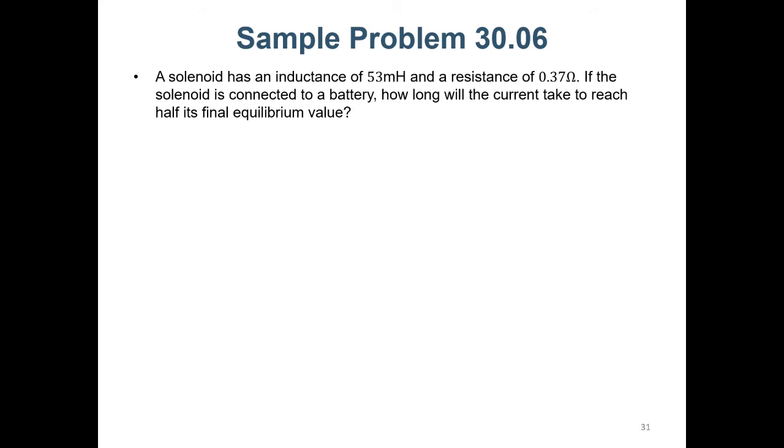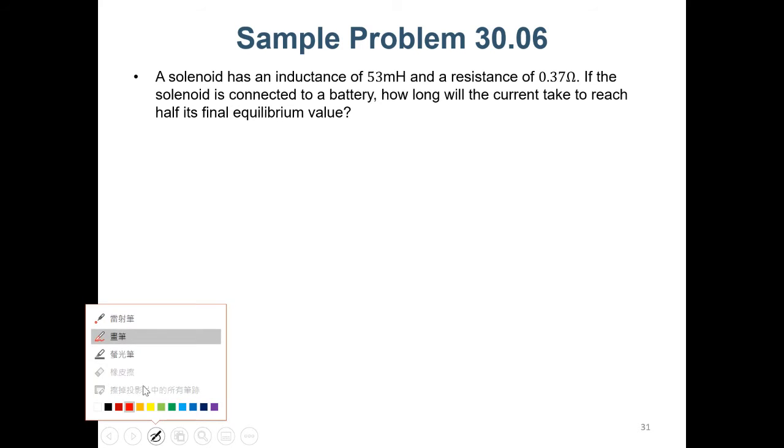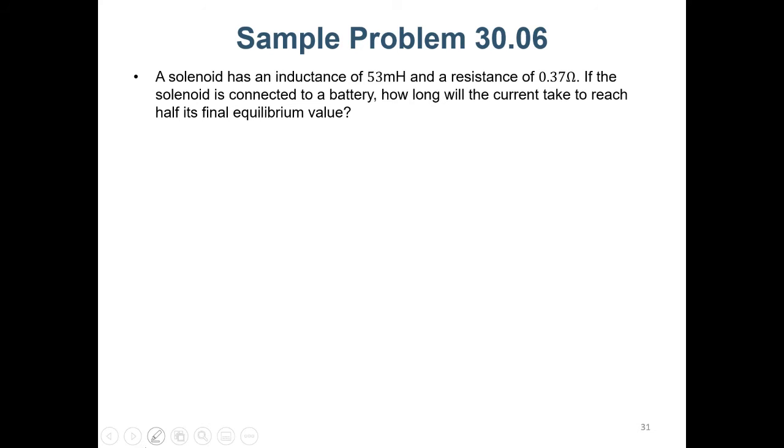Okay, so a solenoid has an inductance of 53 millihenry and resistance 0.37 ohm. If the solenoid is connected to a battery, how long will the current take to reach half of its final equilibrium?